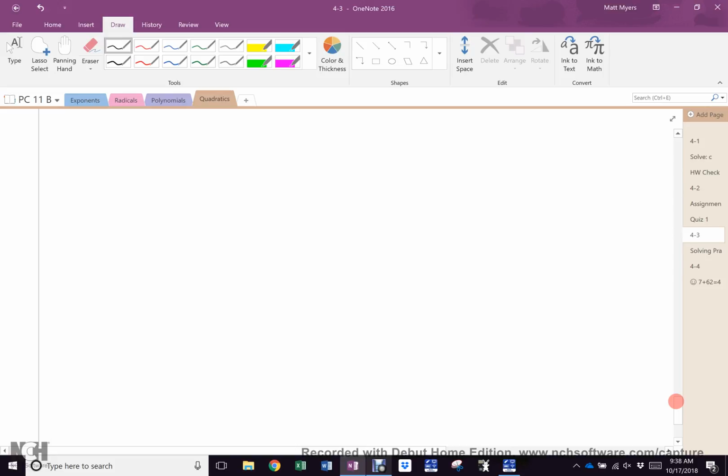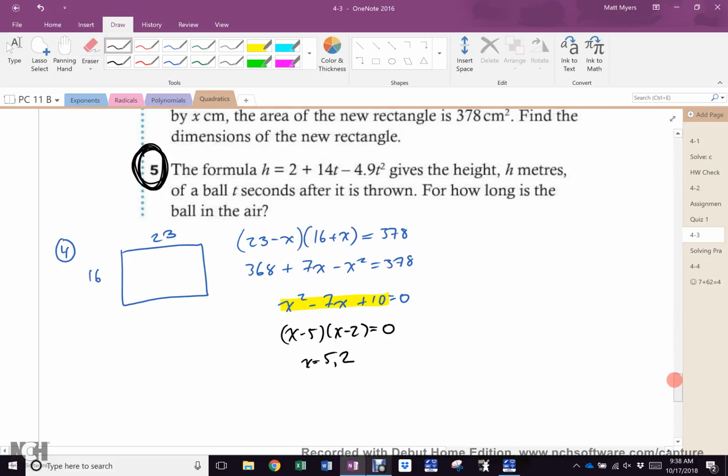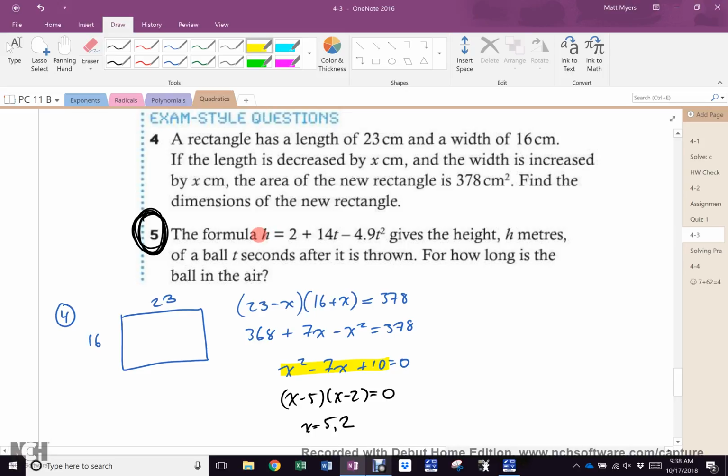All right. What about that is ugly? 4.9. Barf-tastic. Because that means our A is a decimal. Yes?